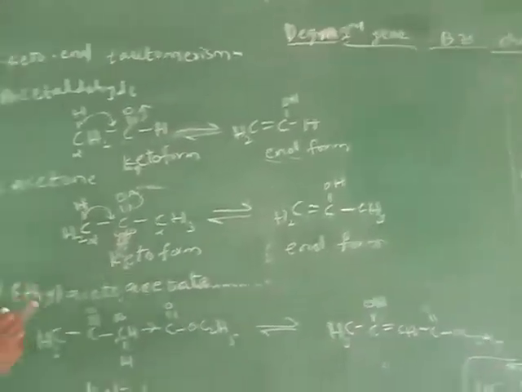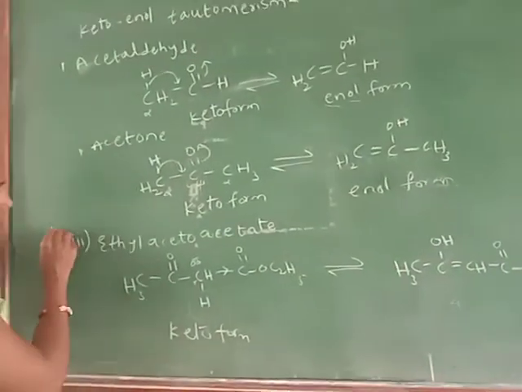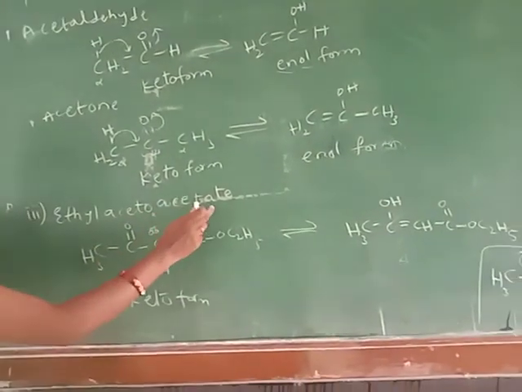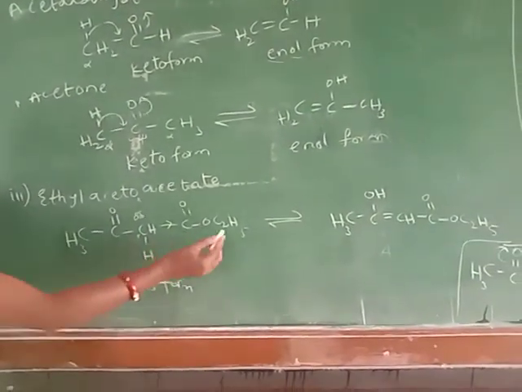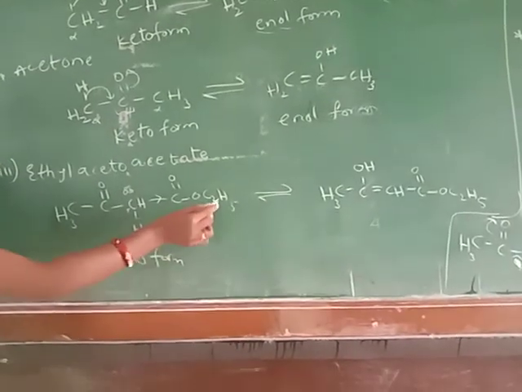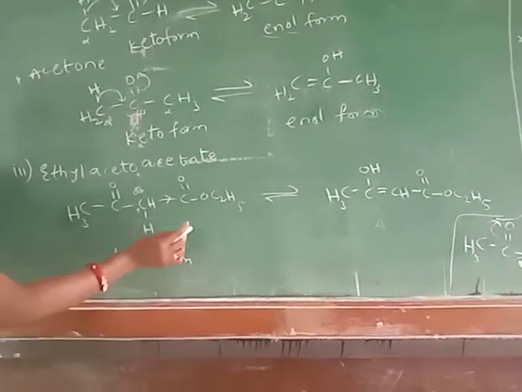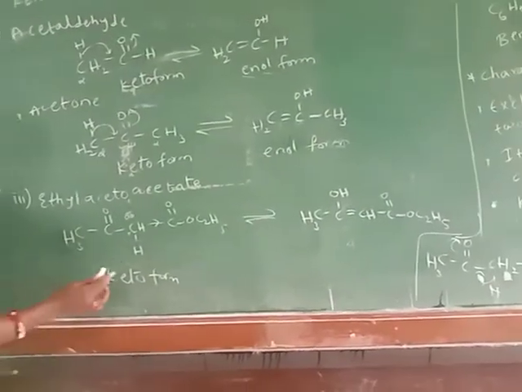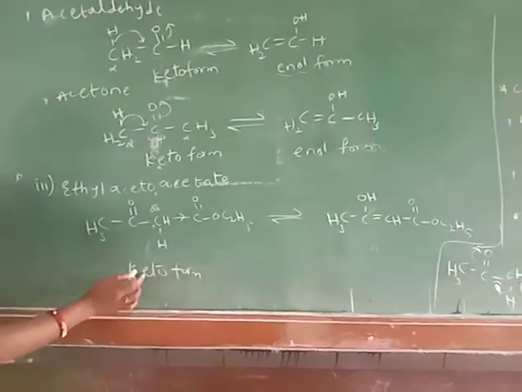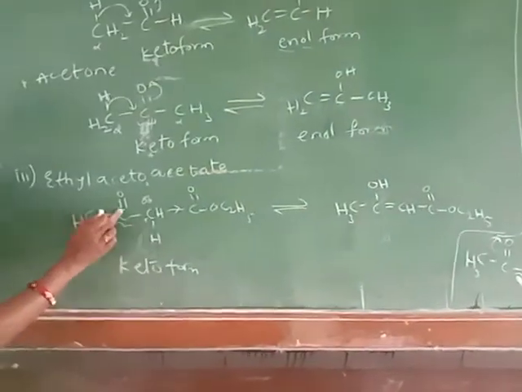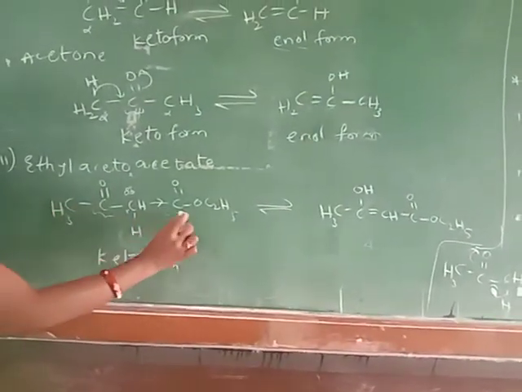Again I am taking another example, ethyl acetoacetate. Here this is the ethyl group. The compound name is ethyl acetoacetate. This is the keto form. A carbonyl group is present, and here this is the ester group.